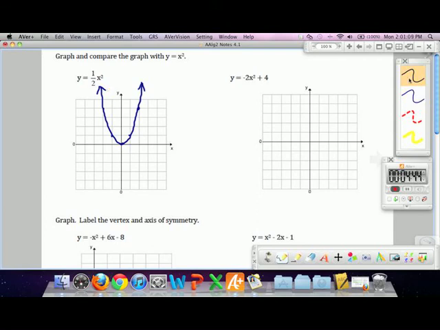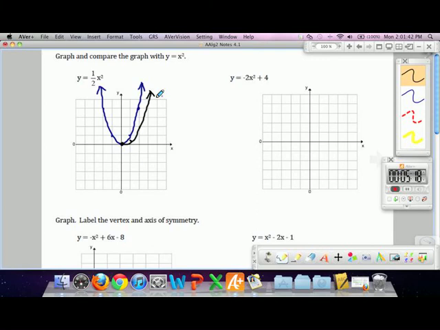So our function starts at 0, 0. Then if we go over 1, we're going to go half as much as we did before. So instead of going up 1, we'll go up half of 1. And if the second time we went over 2, up 4, we'll go over 2 and up half as much. So we'll go over 2, up 2. And so on.